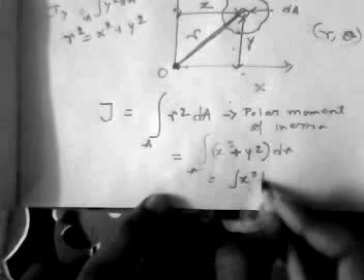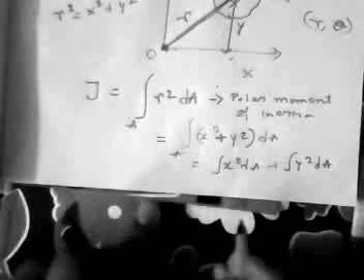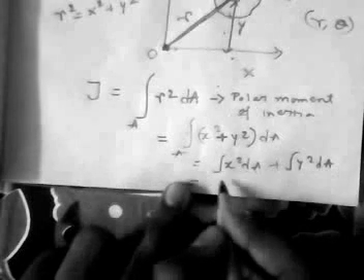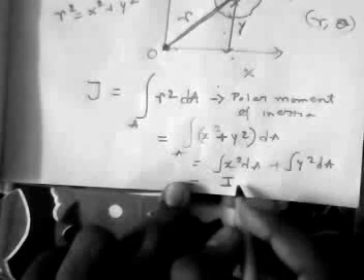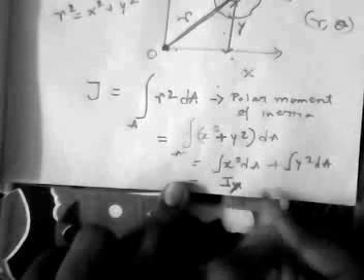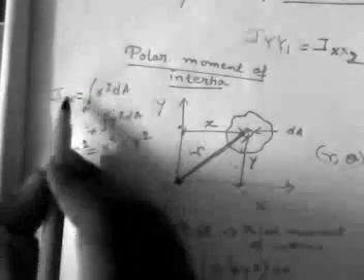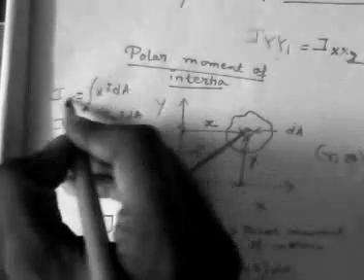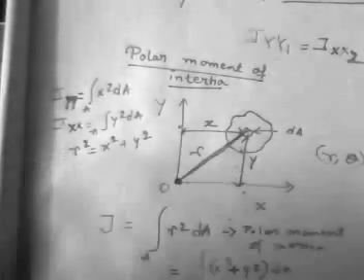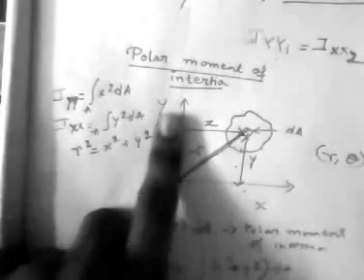This r square can be expressed as x square plus y square, dA, and if you break this one, it will be the integral of x square dA plus the integral of y square dA, which can eventually be written as Iy plus Ix. Here what I wrote is a little bit wrong.